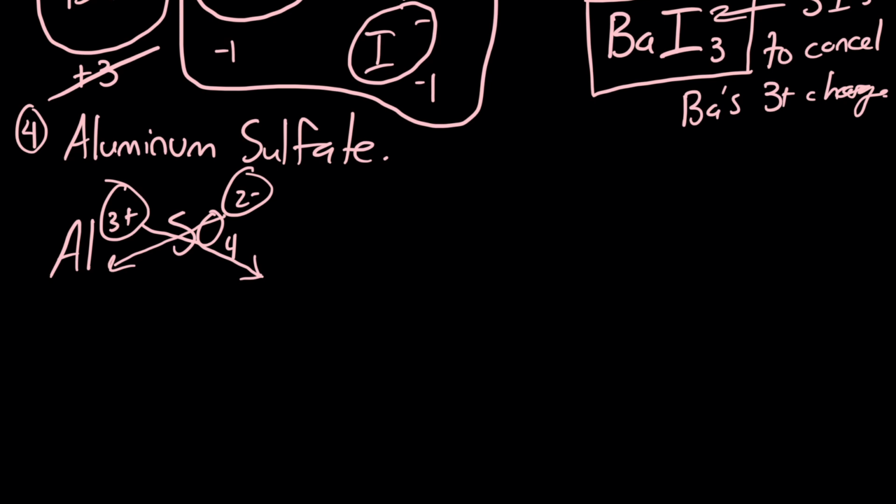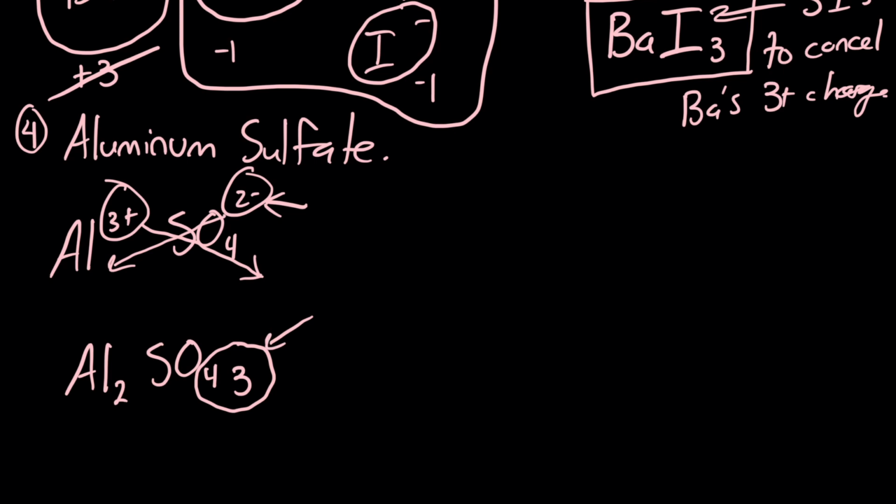Now, this is where we're going to get into the use of brackets. So we can write down Al2, we got that from our 2 negative charge on SO4, and after that we have SO4 3. Okay, so we can see in this little bubble right here, we have a 4 and a 3, so 2 subscripts right beside one another.